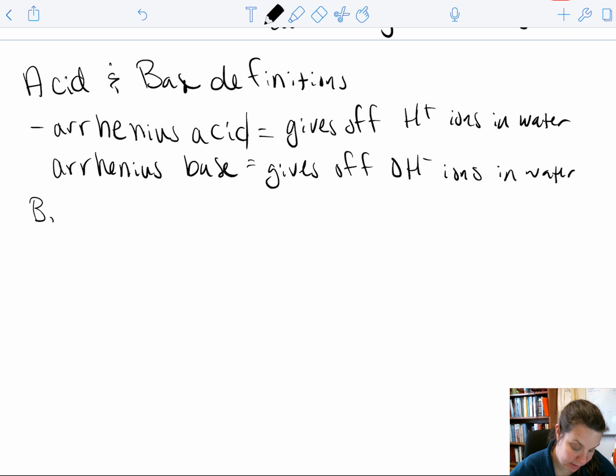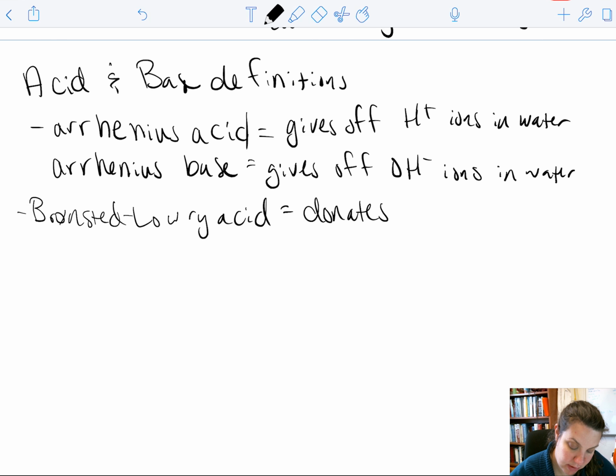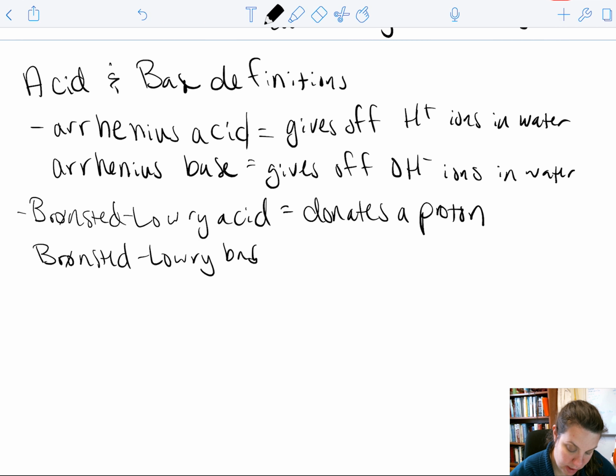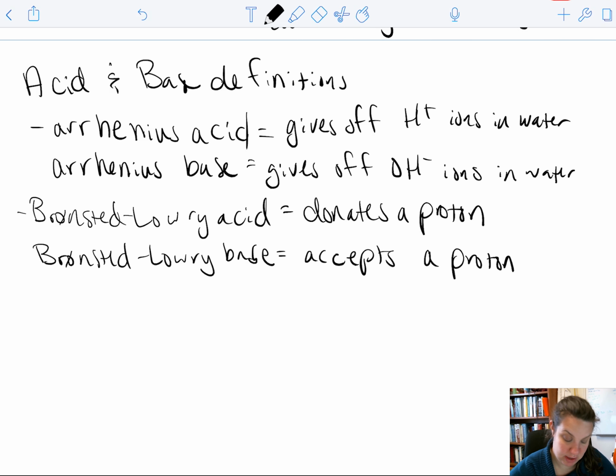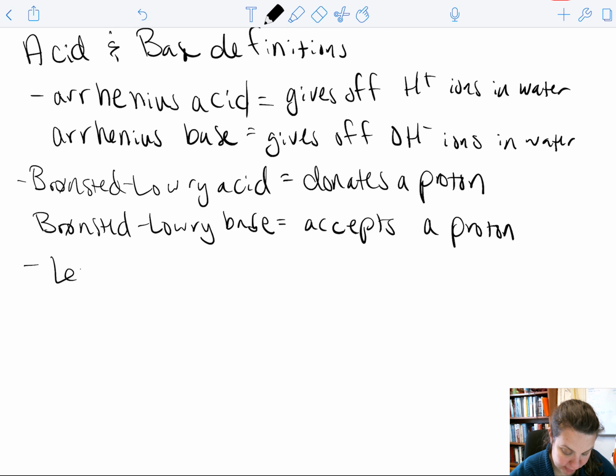We have a Bronsted-Lowry acid. This is a substance that donates a proton. A Bronsted-Lowry base accepts a proton. And then we have Lewis acid, Lewis base, same as our Lewis dot structure guy.